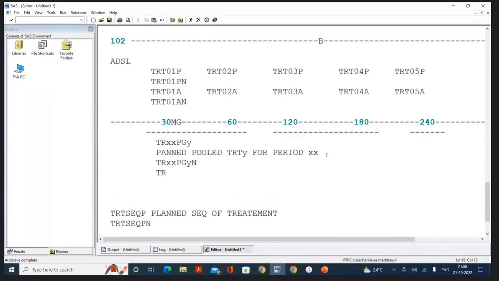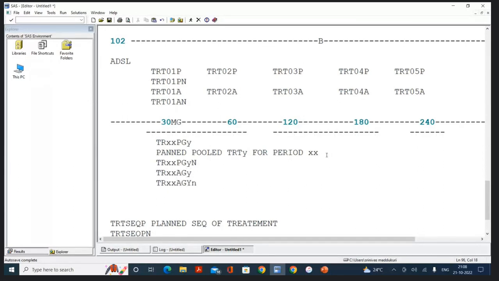And then what is the next one that we are going to have? We are going to have PRXXAGY, and then PRXXAGYN numerical. That means actual pooled treatment Y for period XX, and its numerical variable. Understand?